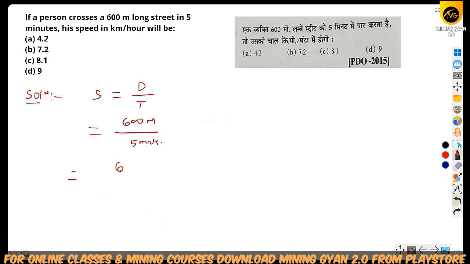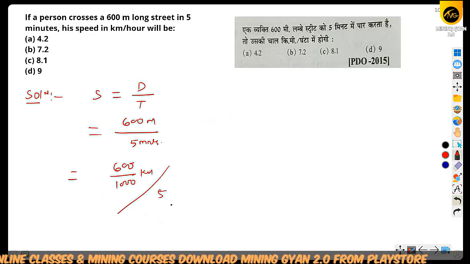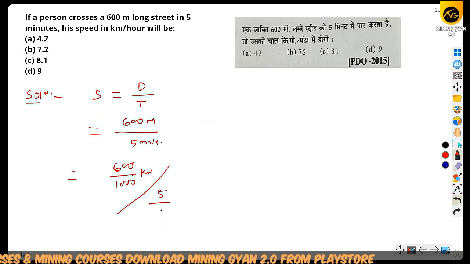So just convert meter into kilometer. Basically just divide by 1000 and you will convert meter into kilometer. 600 divided by 1000 will be kilometer, and the whole divided by 5 minutes. If you want to convert into hour, then just divide by 60.